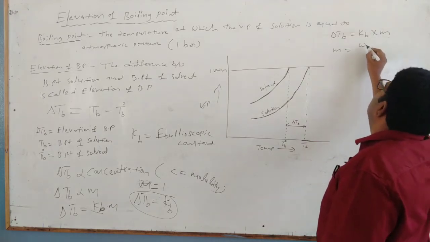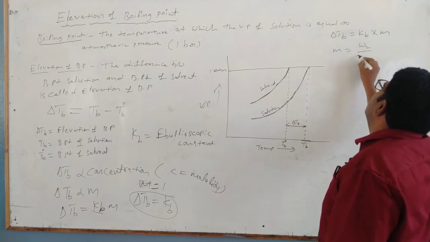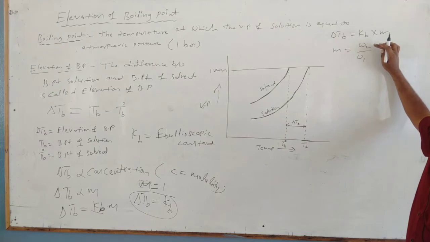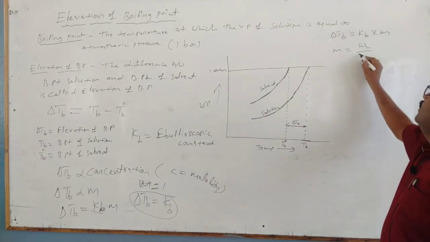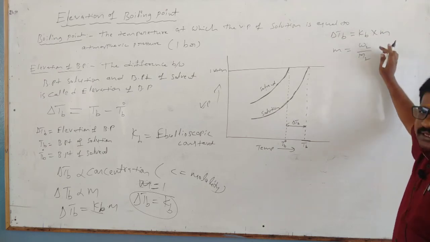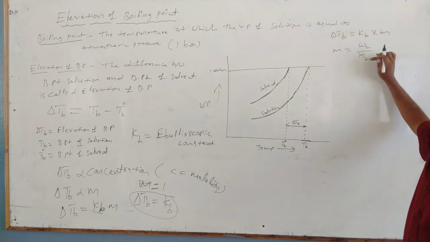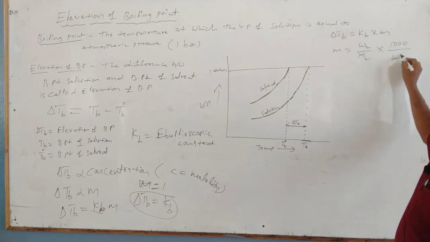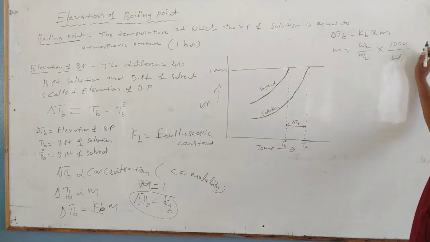That is W2 by M2, where W2 is the weight of the solute and M2 is the molecular weight of the solute, into 1000 by W1, where W1 is the weight of the solvent.